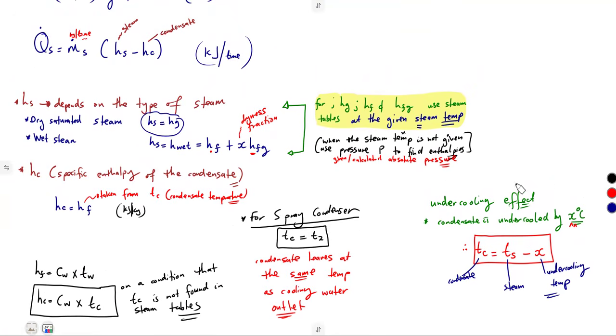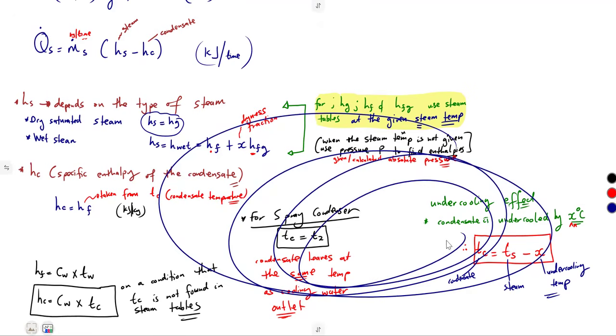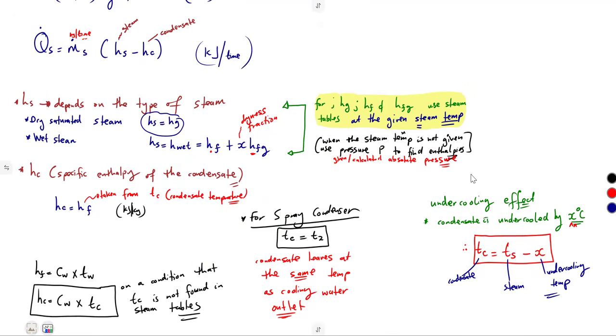All these processes must be taken into consideration where necessary, in order for you to end up with the HS that is needed in our formula, and the HC that is also needed in our formula. The only thing that can be direct is the mass rate of the steam. That one you'll be given. That's the only thing that can be direct. But for these, you must consider the steam tables, the H.